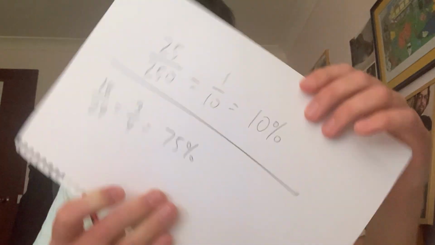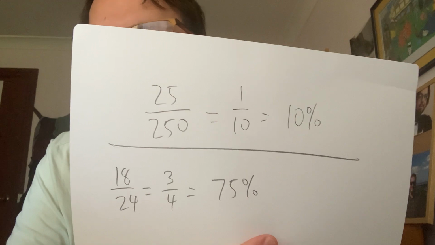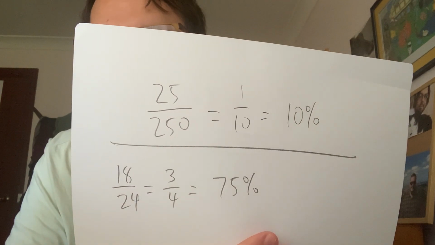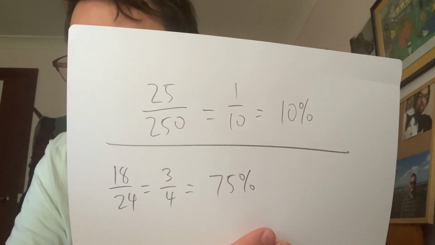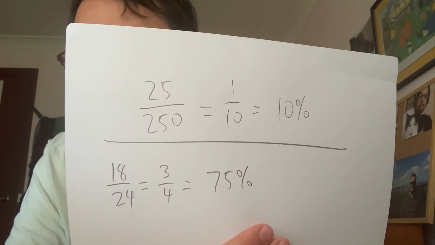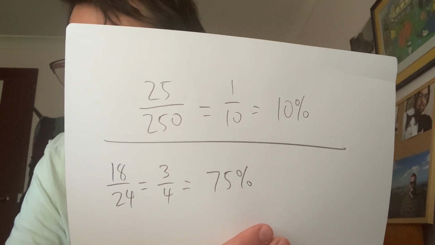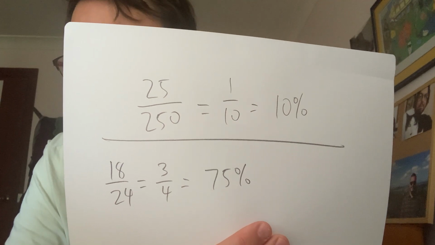When we simplify that actually works out quite easy. 18 over 24 is equal to 3 over 4 when we simplify it, because we can divide the top by 6 and we can divide the bottom by 6, and that's 75%, because 3/4 is a very common fraction, and you should know what that is as a percent. It's 75%. Okay, the maths one is 12 out of 16.